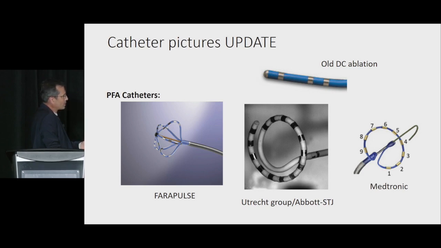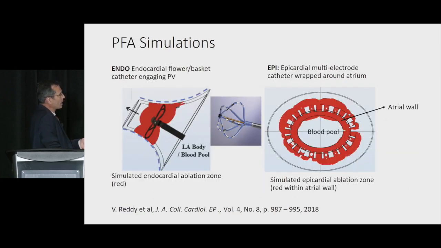This is the one that the group of Carsten Hoven and Fred Whitkampf is using with Abbott. This is the good old diagnostic type of catheter that we were using 25 years ago with DC ablation, and this is the PVAC by Medtronic. And I just would like to run some simulations because I think it's really interesting.